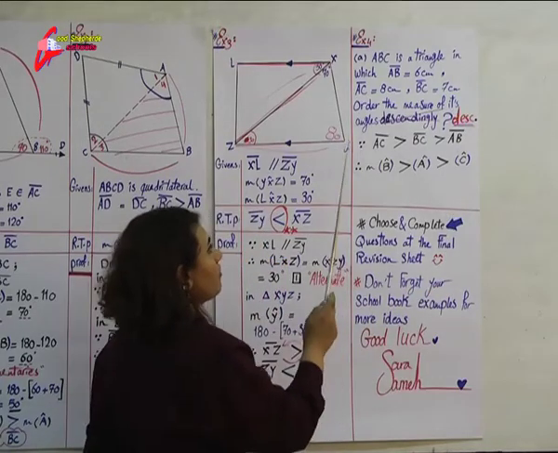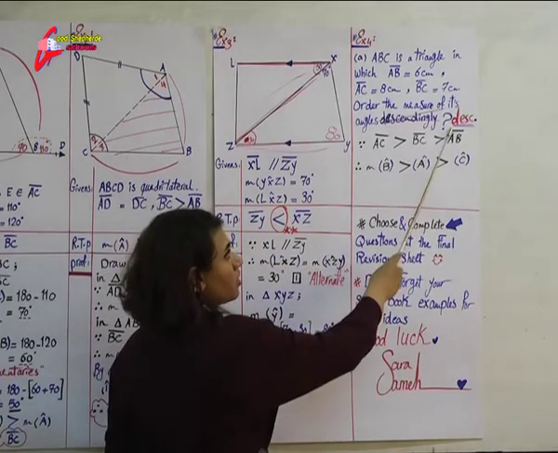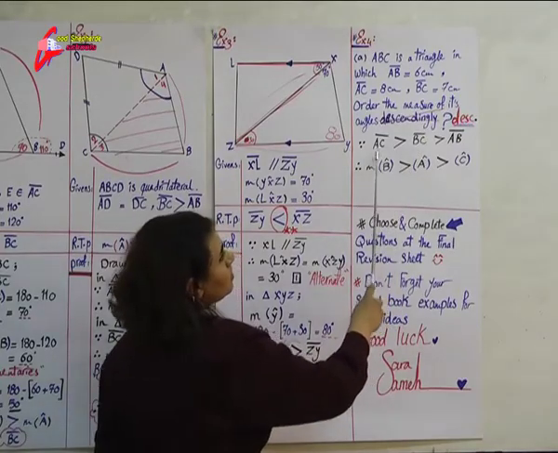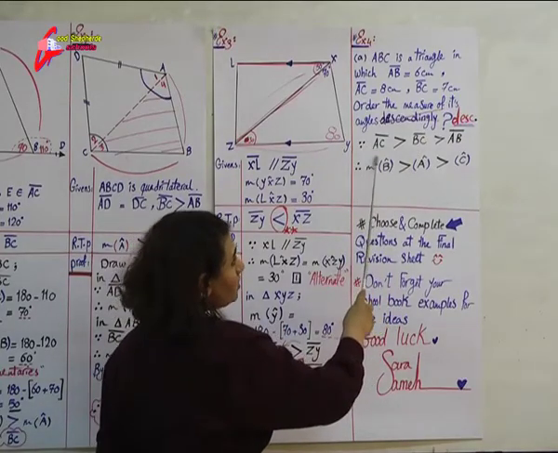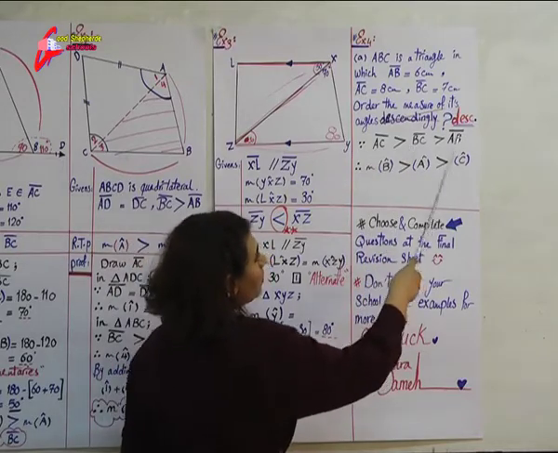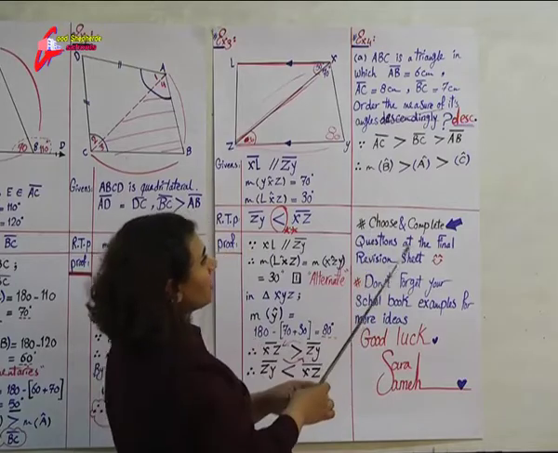I need to arrange them descendingly, from big to small. The biggest side is AC. Since AC is greater than BC greater than AB, the opposite angles, and pay attention to that.